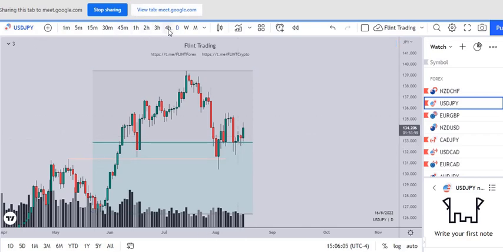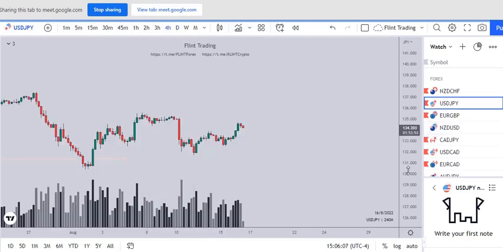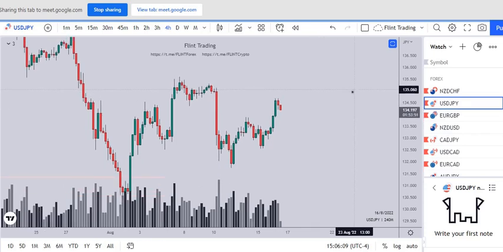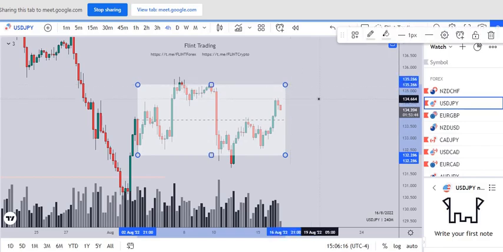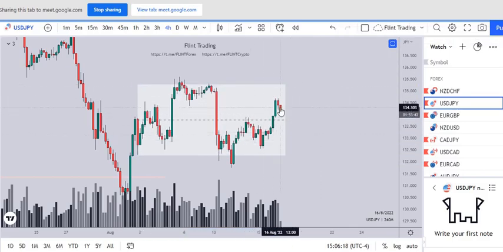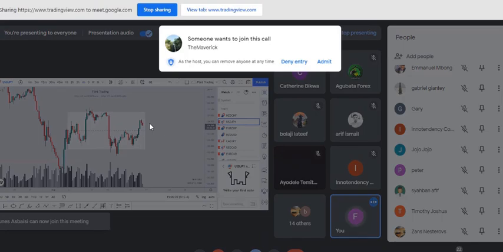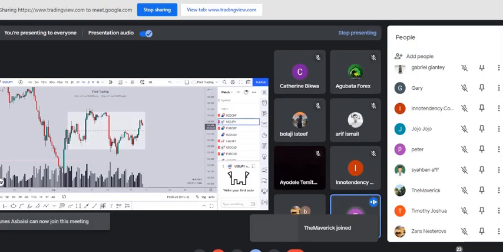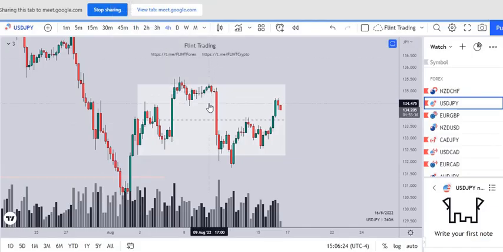On 4 hour I was seeing an accumulation. For me this is more like an accumulation zone. And there is something which I think you guys might do.